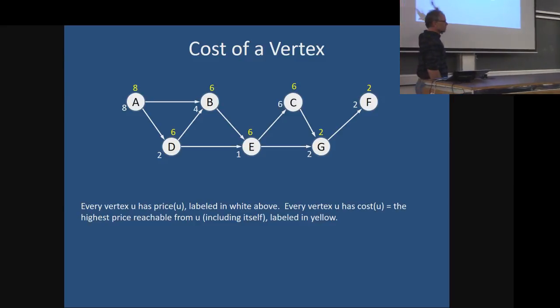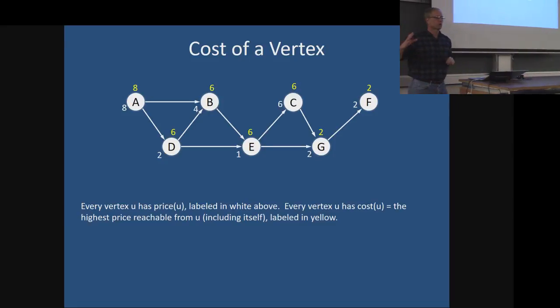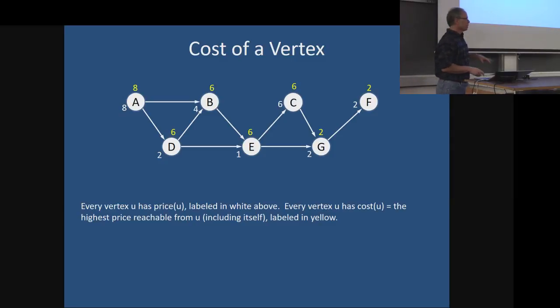So by working backwards, all we have to do for each vertex is take the max of the costs of the things reachable from it and the price of the vertex itself. This is a case where we go backwards in topological order, because the cost depends on successors in the graph, not predecessors.